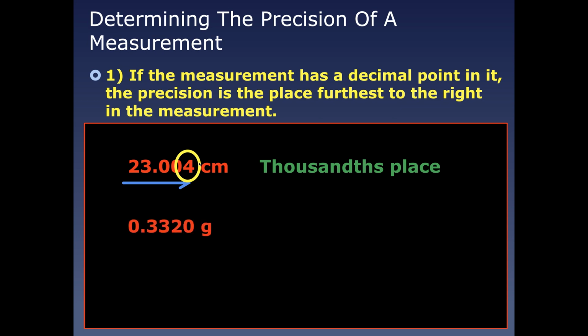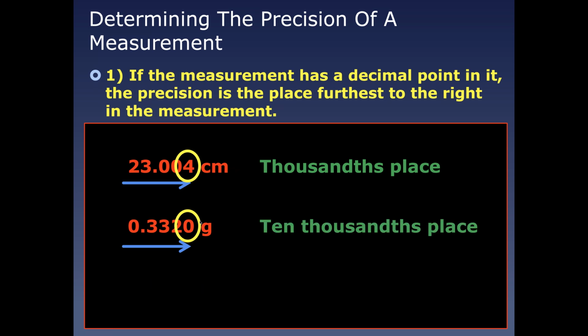And in 0.3320 grams, again, there's a decimal point. So the place that's furthest to the right, regardless of what's there, that's four places past the decimal, that's the 10,000ths place, is the precision of that measurement. For 330 decimal point, what a weird way to write 330, but there's a reason for it. 330 without a decimal point would have a precision of only the tens place.